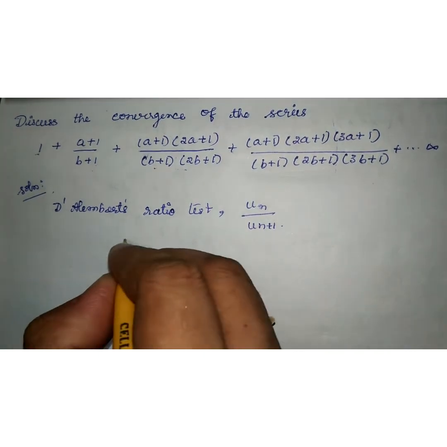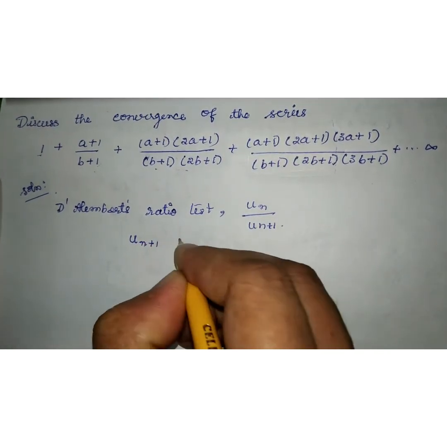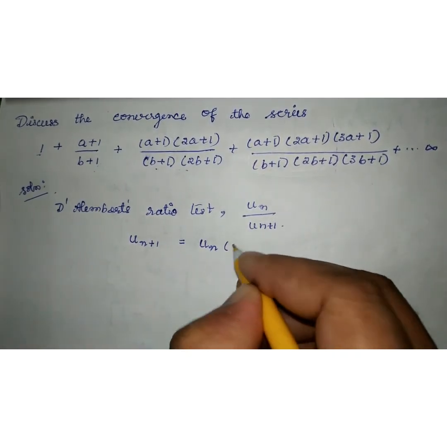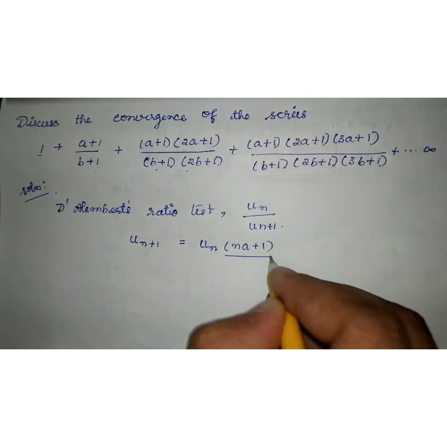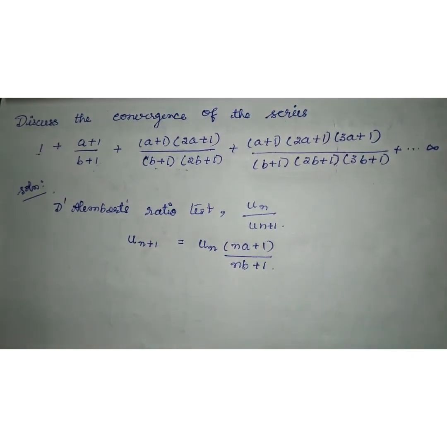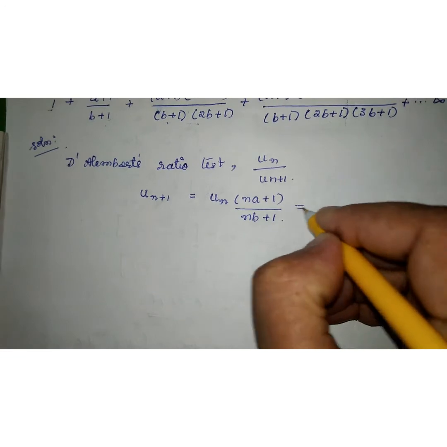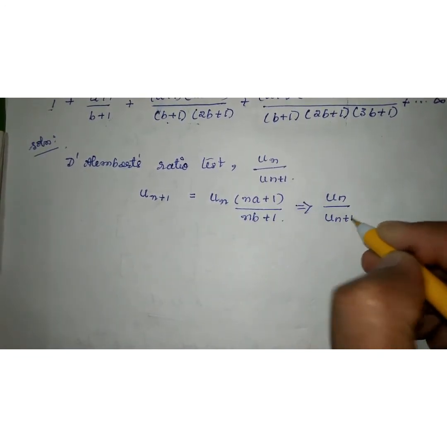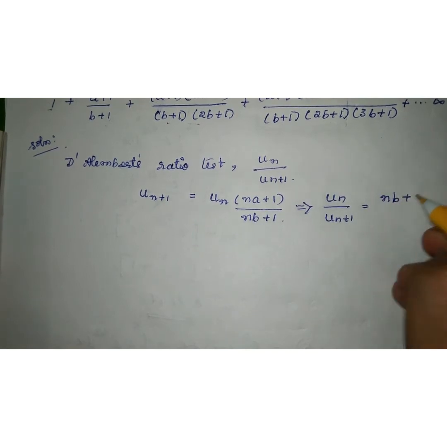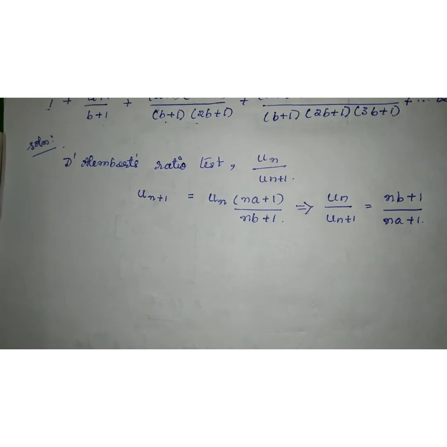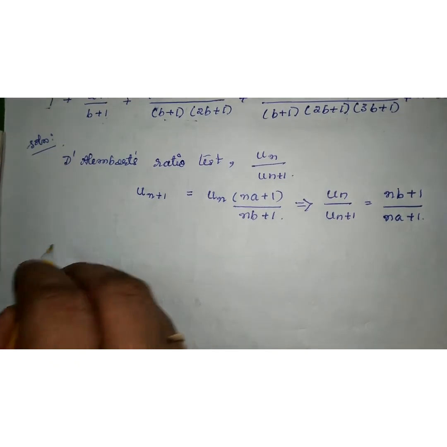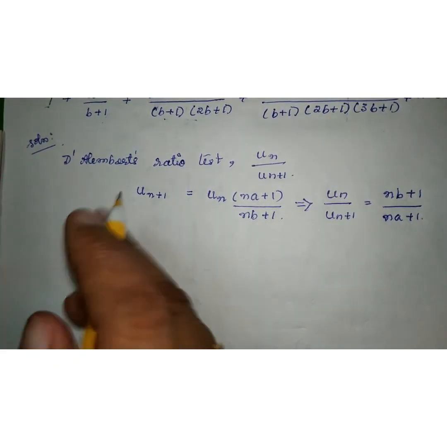So the n plus 1th term is the nth term into (na plus 1)/(nb plus 1). So easily we get un by un plus 1 equal to (nb plus 1)/(na plus 1). If you want, you can even take un plus 1 by un; we have discussed the definition in both ways.